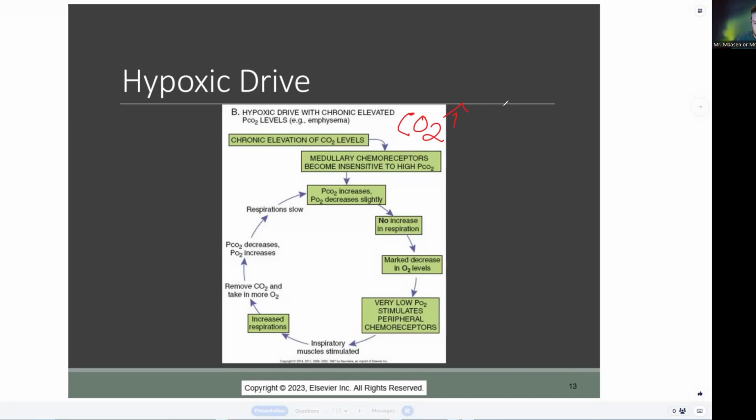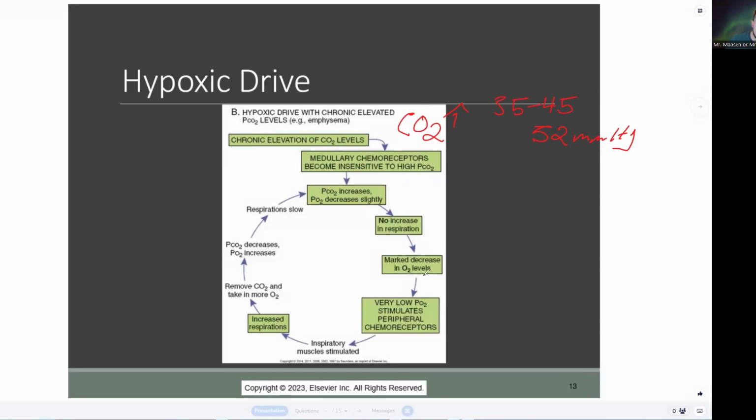The normal for an ABG was 35 to 45. But let's just say that I normally sit at like 52 millimeters of mercury CO2 a lot because I have chronic lung disease. Well, eventually the responsiveness to CO2 becomes a little bit desensitized by the medulla. And then as CO2 rises, we don't respond by trying to blow it off as much.